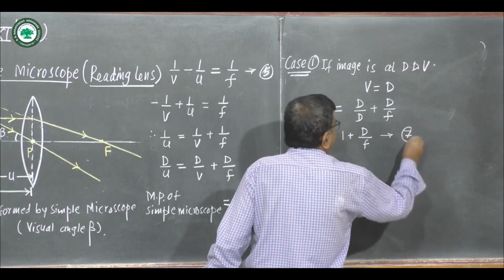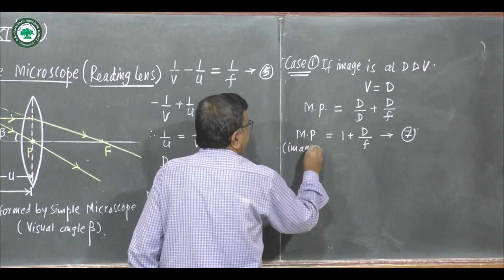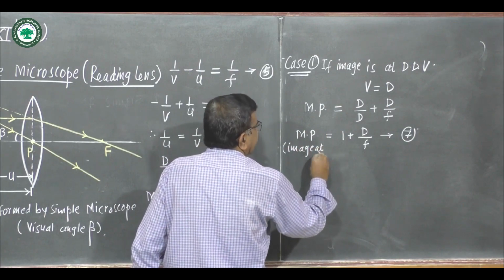And this is the magnifying power when the image is at DDV, that is the distance of distinct vision.